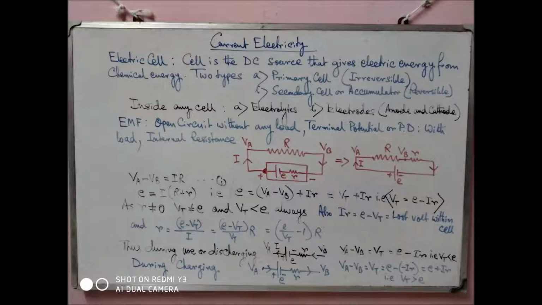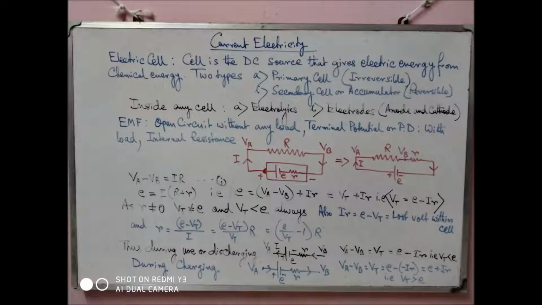It is neither varying nor alternating, so it maintains a steady value. And inside the cell, the chemical energy is converted to electrical energy. So, this is the basic definition of a cell.